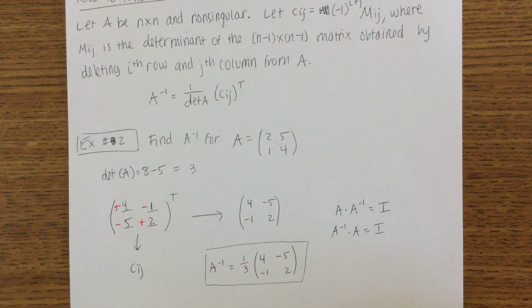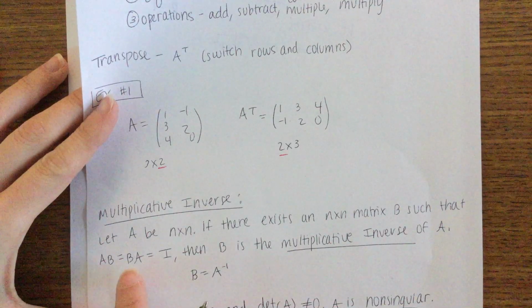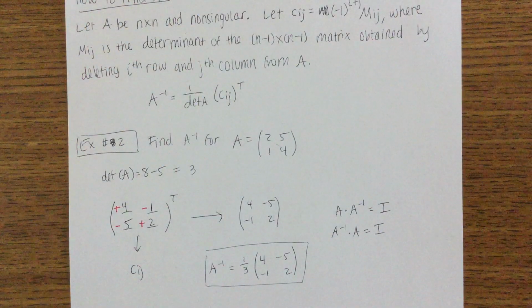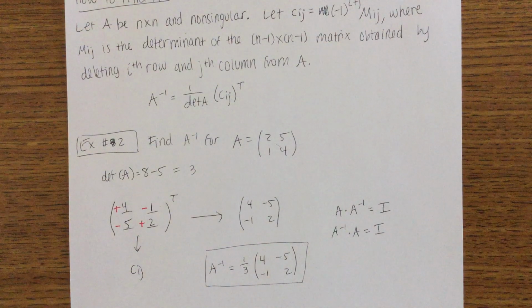That was part of the definition of being a multiplicative inverse. A times B and B times A have to give you the identity. You can't just multiply one way, you gotta multiply both. How do you like inverses? Don't worry, we're gonna do another one.